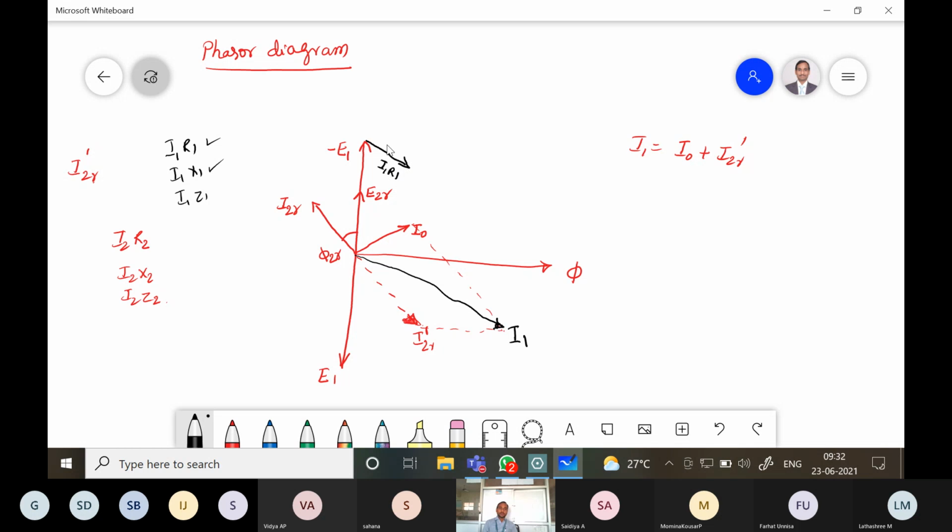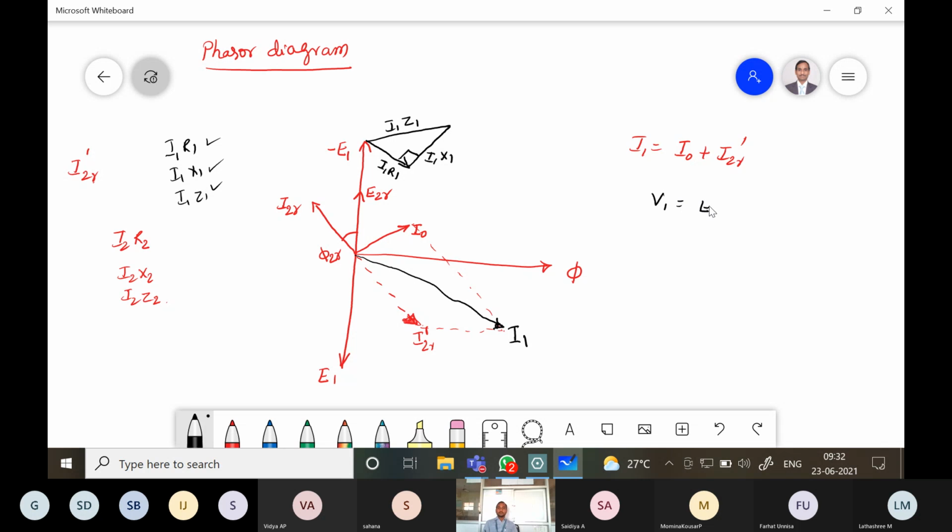Similarly, I1X1 is perpendicular to I1R1. So draw perpendicular to I1R1. This is called I1X1. So now join these two. This will give I1Z1, that is I1 into Z1. So what is V1?